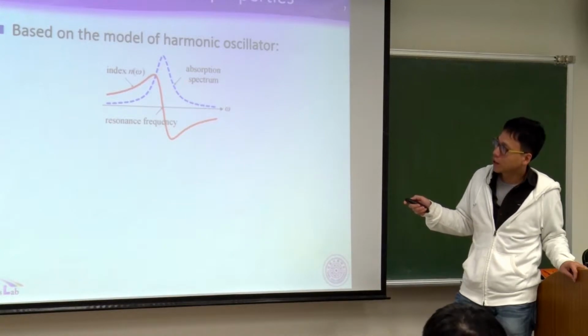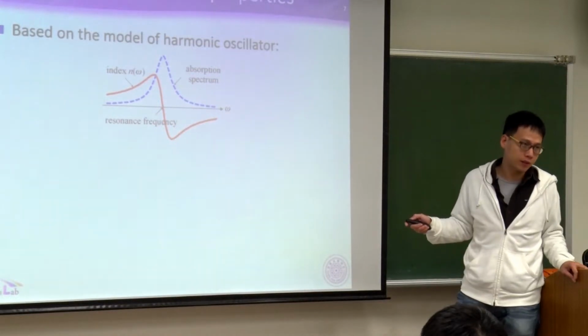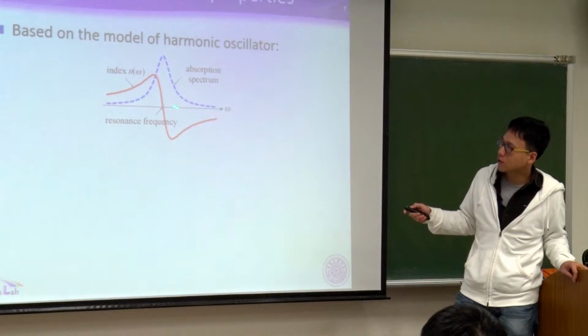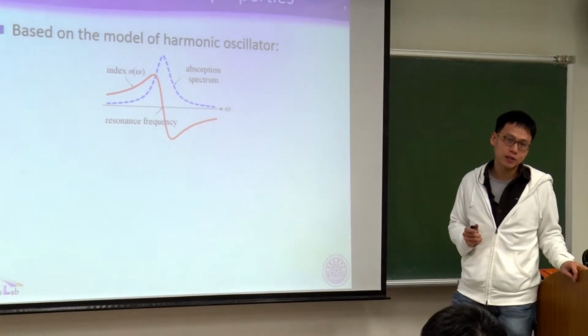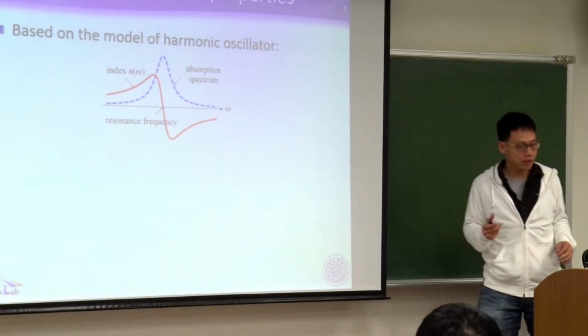Okay. So you can see around the absorption peak, your index of refraction actually decreases with frequency. But on the spectral wings, your index of refraction increases with frequency. Okay, so this is the typical phenomenon you can observe.